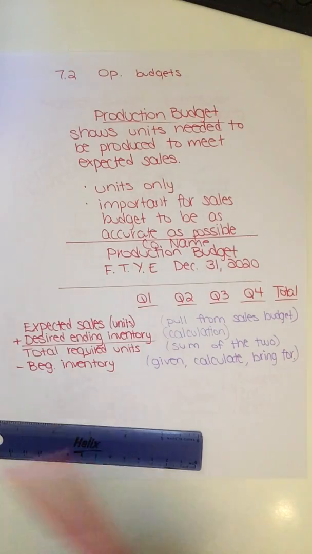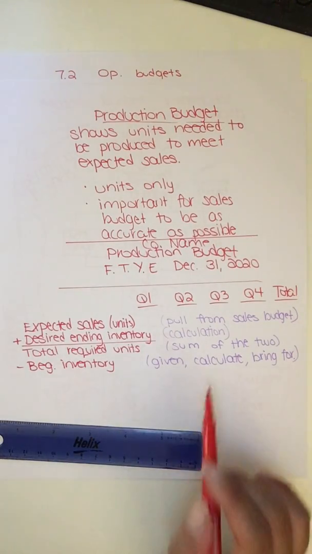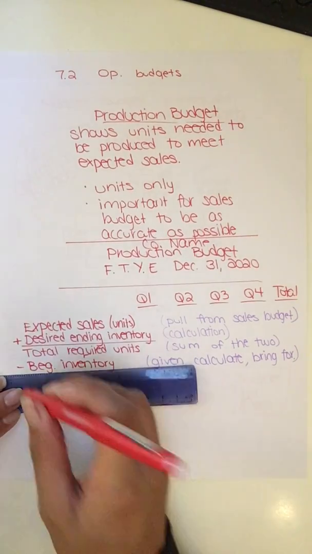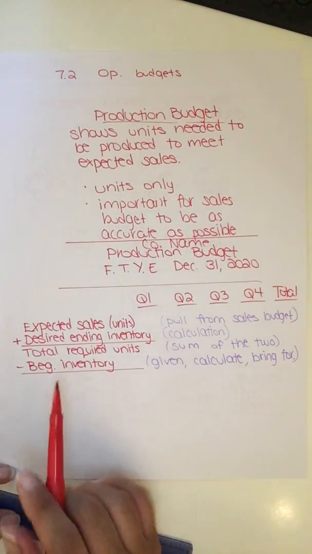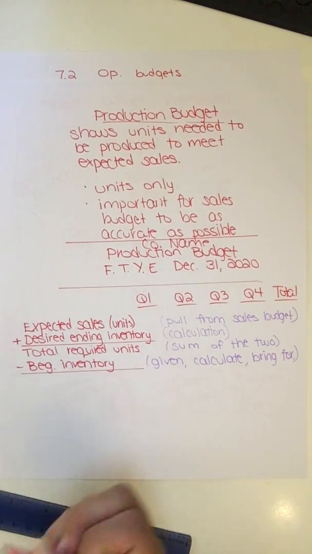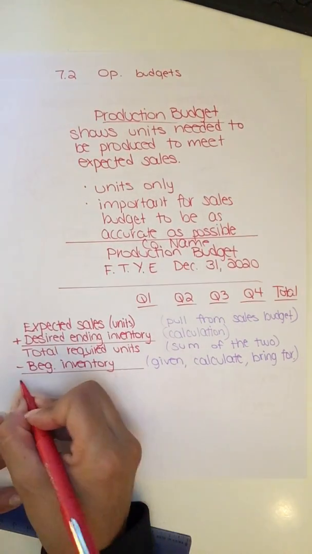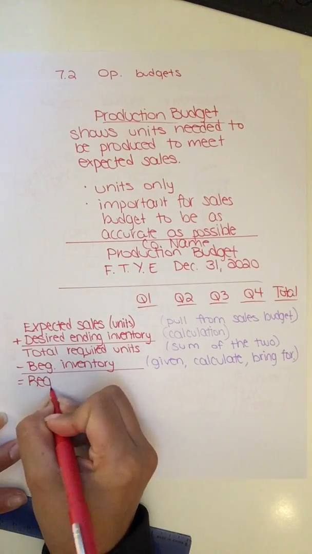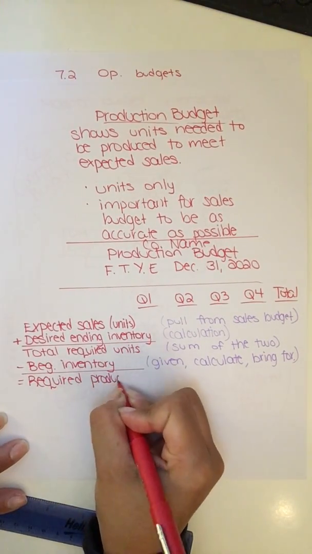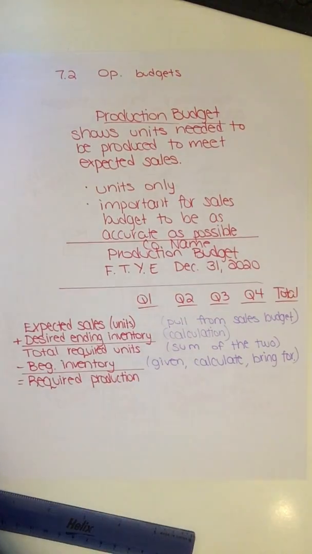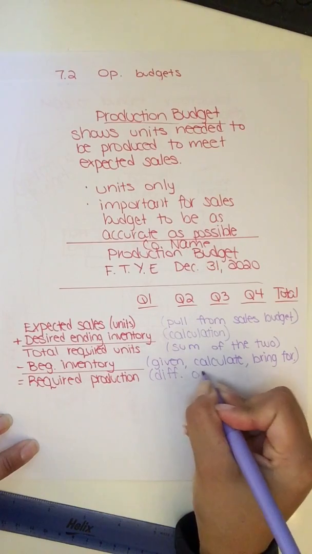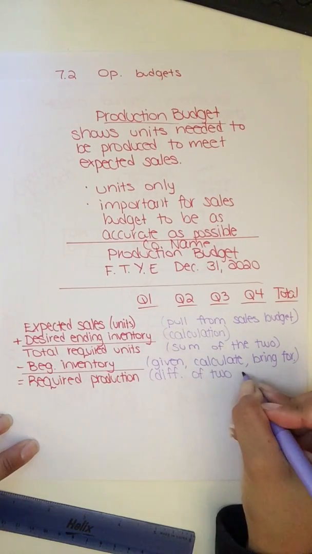Okay, like I said, we'll work through a problem in a second. It just depends on how the problem is worded. All right, another subtotal. So once we have what we need for the period minus what we already have on hand, that tells you how many you need to produce. So that gives us required production. Again, all in units. And this is the difference of the two above.